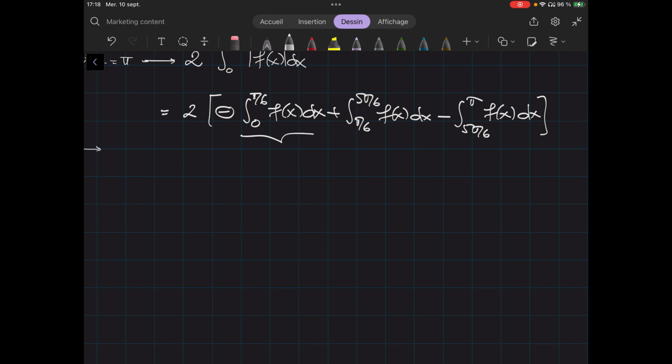It is a good idea to evaluate each part separately, because it can get very complicated very quick. So be organized. I1 is the integral from 0 to pi by 6 of f of x dx.